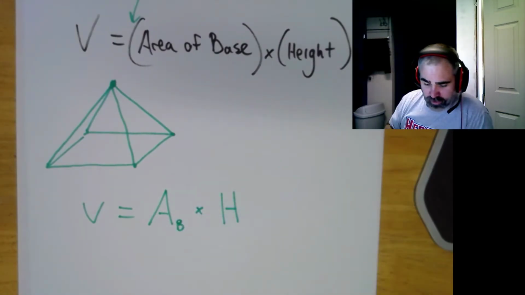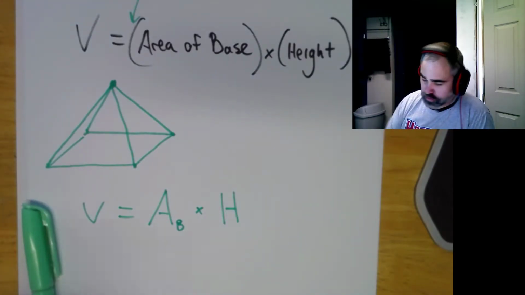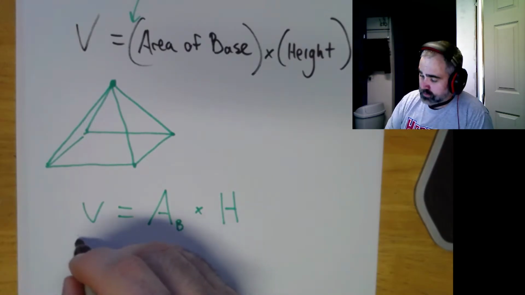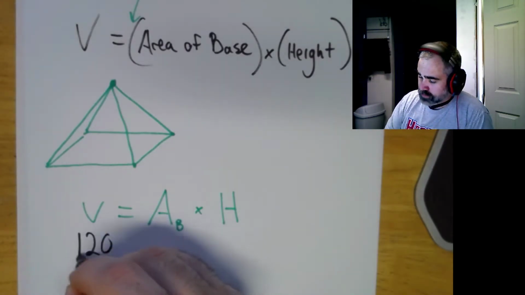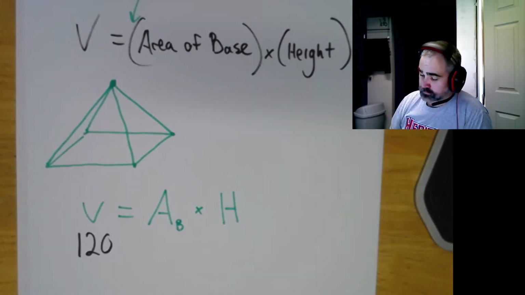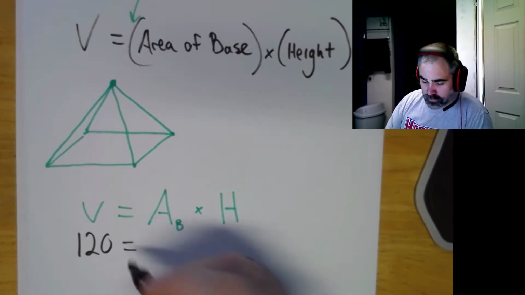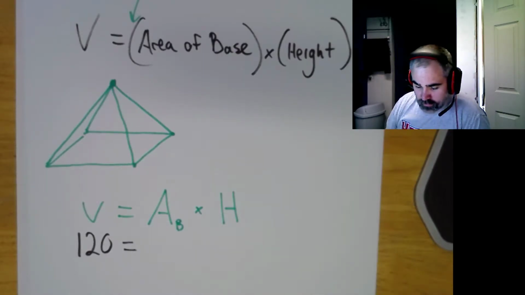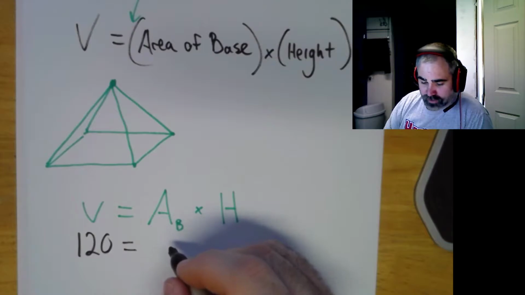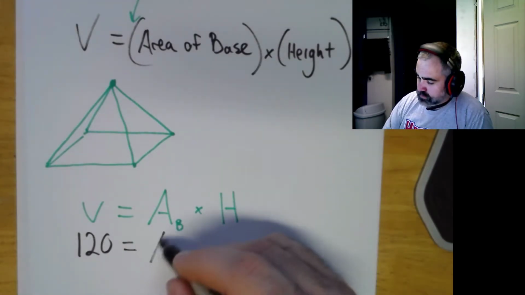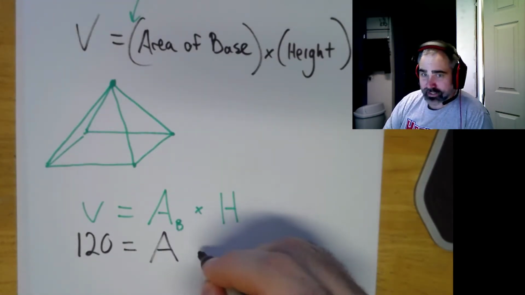It tells us in question 5, we have a pyramid with a square base that has a volume of 120 cubic meters. So that's 120 cubic meters right here. We don't know the area of the base, but it also tells me that the height is 10.